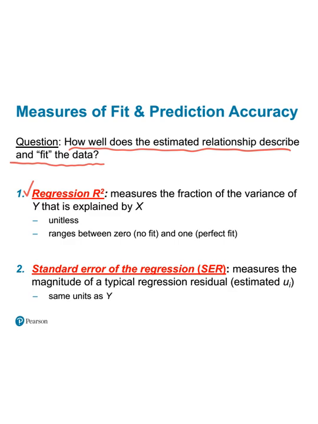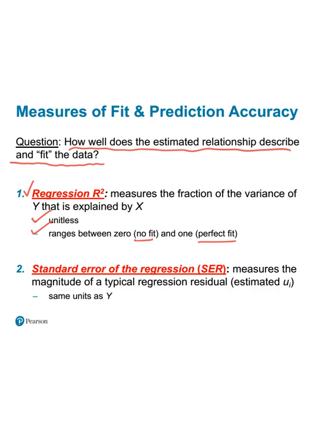And what's important about this is technically this is a number that is between 0 and 1. 0 means it doesn't fit the data at all, and 1 means it predicts y perfectly, usually some fraction in between. This is unitless. And again, it ranges between 0, no fit, and 1, perfect fit.